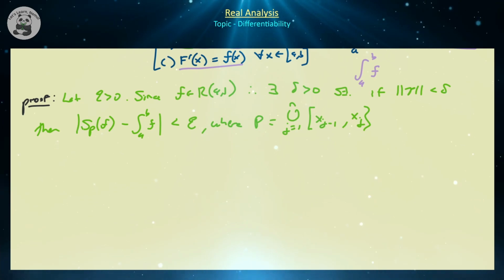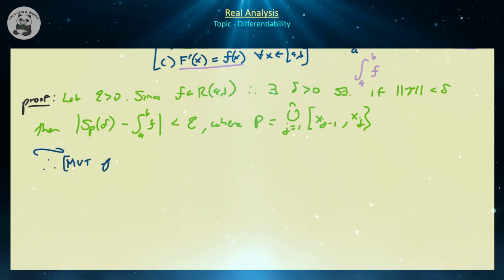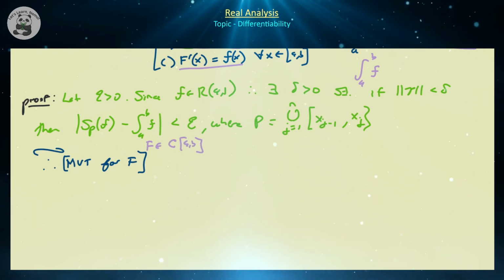So what do we need? By the mean value theorem, and we're going to be focusing on capital F, because keep in mind we're assuming that capital F is continuous on [a, b]. Therefore, the mean value theorem applies. If it's continuous on the entire interval, it's continuous on every subinterval also, in particular in this partition.